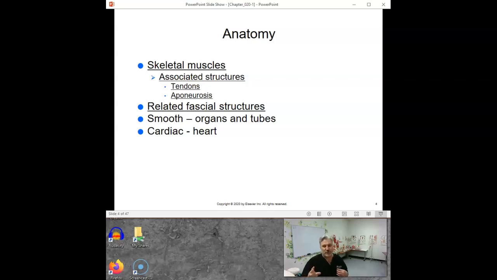The muscular system is made up of muscles and related fascial structures, but I would just say muscles and tendons. If I ask you tomorrow what the muscular system is, you could say muscles and tendons. Sometimes I like to give you information that you should have five years from now.